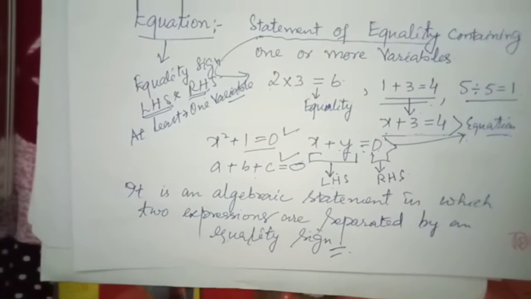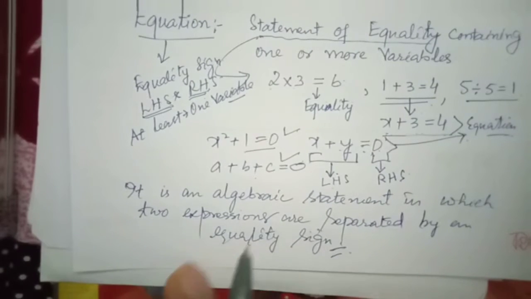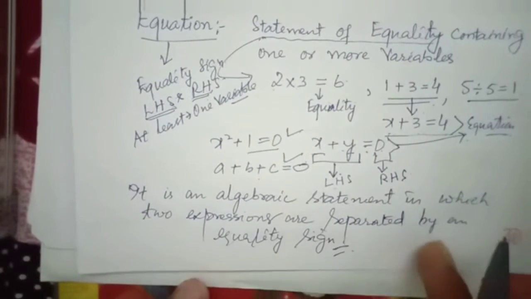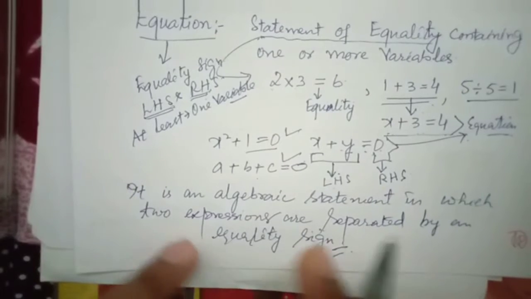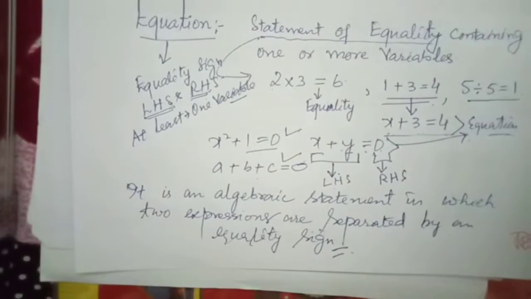So you need to understand this. So how can we define it? It's an algebraic statement. Algebraic statement means it will be a statement containing a variable in which two expressions, meaning LHS and RHS, are separated by an equality sign. This was about the equation.